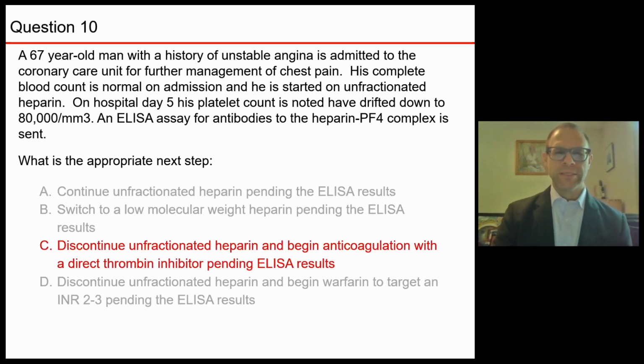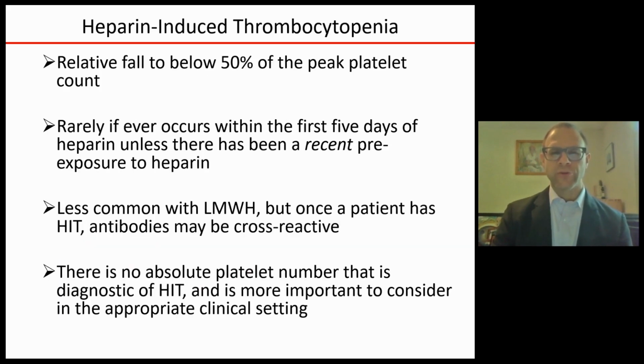The answer is to stop the heparin and start a DTI, direct thrombin inhibitor. That's argatroban or bivalirudin. So with HIT, the platelets are often falling, and we use what's called a 4T score to assess the pre-test probability of somebody having HIT.